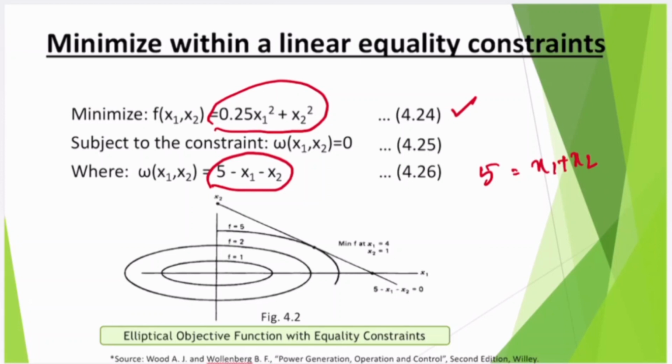So you could see that you get a function where x1 equal to 4 and x2 equal to 1 provides you the optimum value, and you can substitute. So 4 square into 0.25 is 4, and 1 square, so the objective function is now 5. So f of 5 is the function with x1 equal to 4 and x2 equal to 1 satisfying the optimal point.